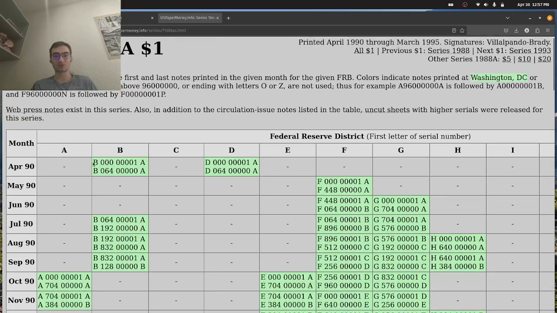Each of these will start at 00001 and go all the way up to 96 million, and then the letter will increment, and they'll start again at 1 and go all the way up. So each of these regional banks not only starts with the same serial number and goes up, but each of them has a different amount of copies of that serial number.